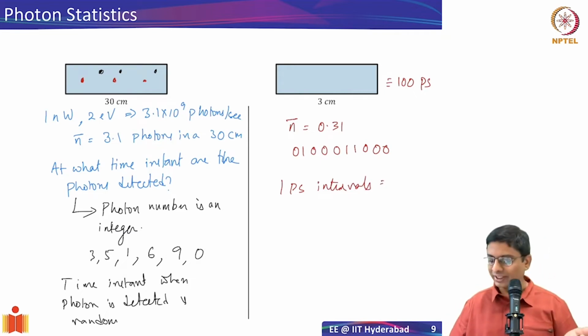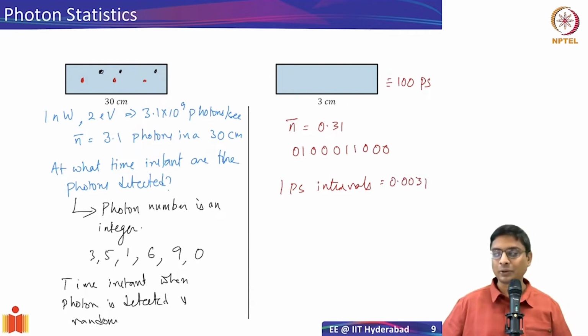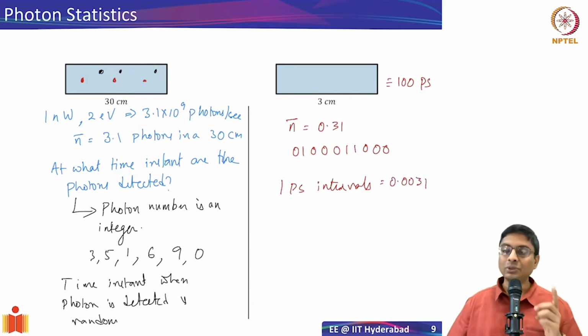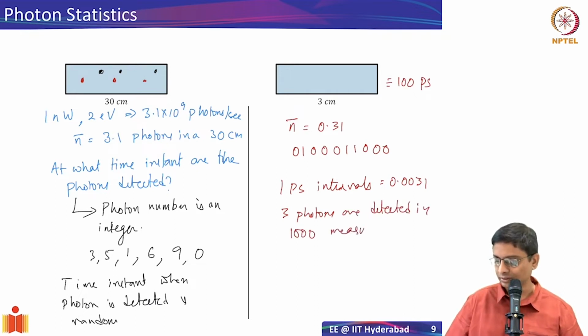For a 100 picosecond interval it's 0.31, so for 1 picosecond it should be 0.0031. That's the average number of photons. That means you will have 3 photons detected in 1000 measurements.